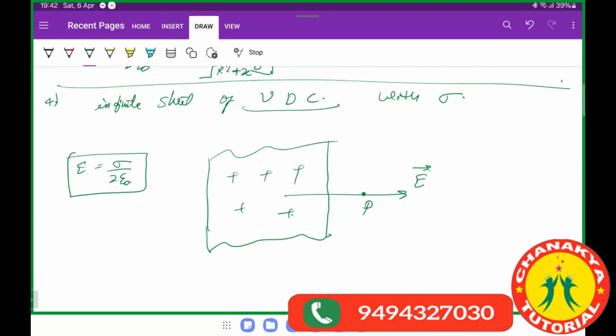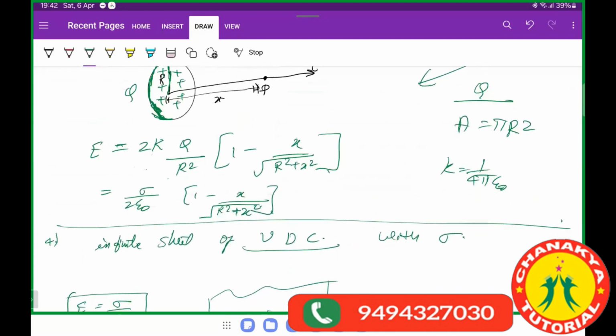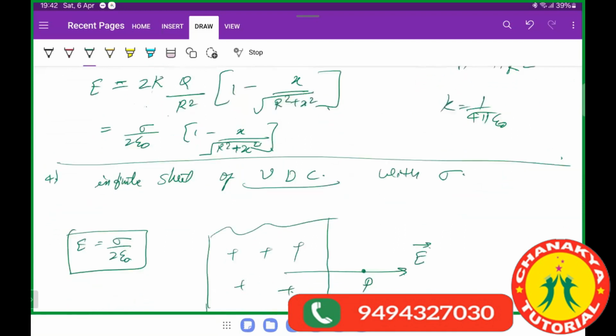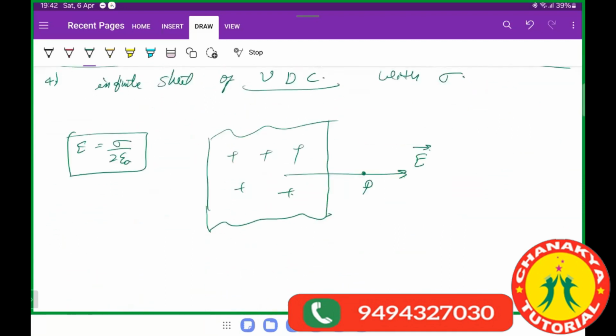So this is simple, only this much is the formula. Similar way.